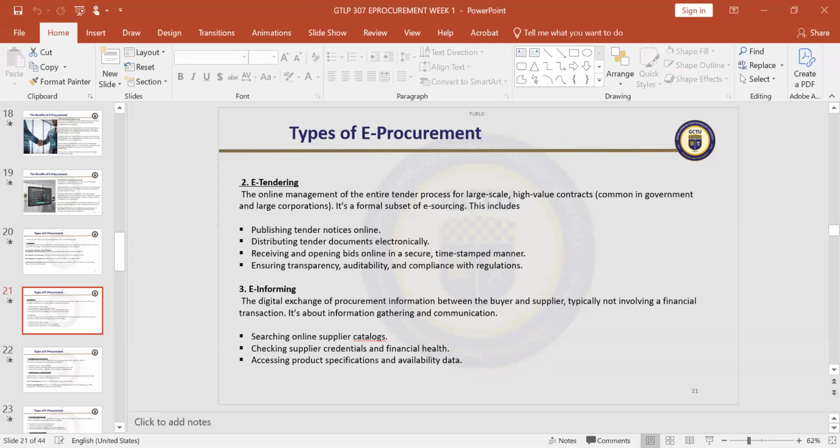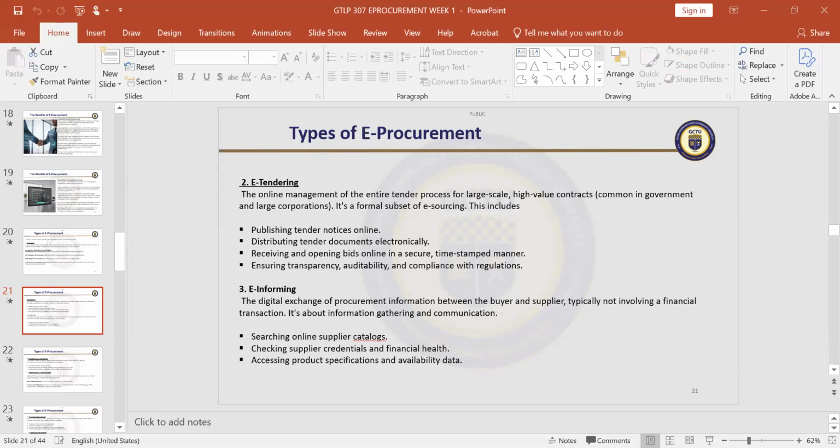And then receiving and opening bid online in a secure time-stamped manner. Sometimes when you go on the platform, they will tell you the deadline that you have to submit your bid, the closing day of tender, you will see. And it sometimes gives notification.